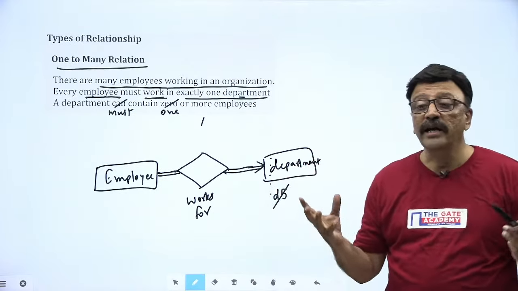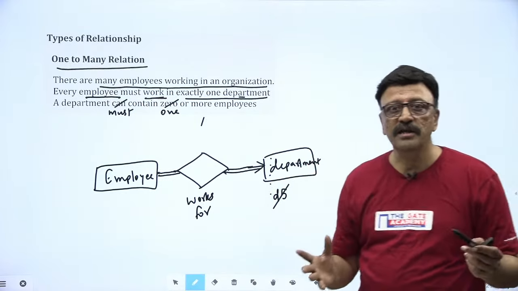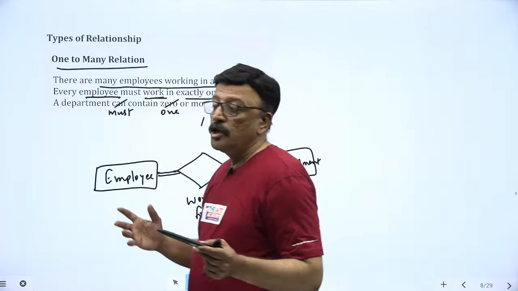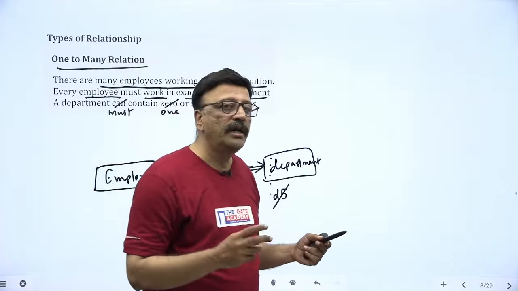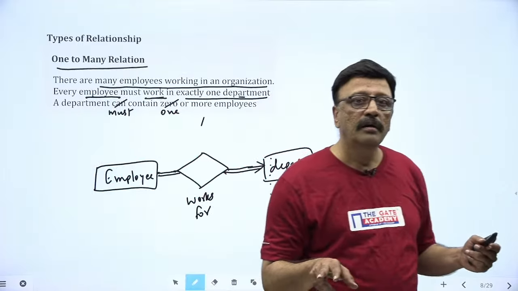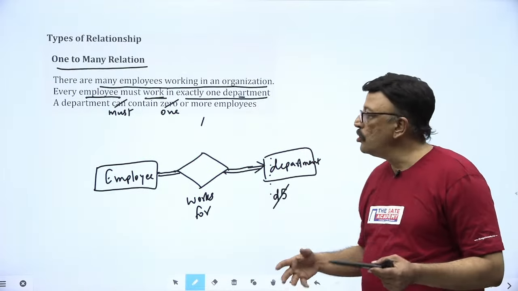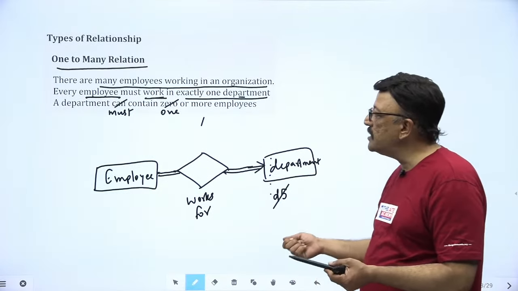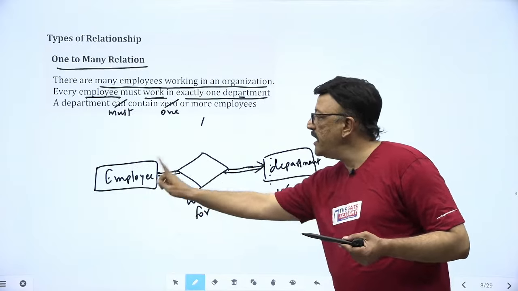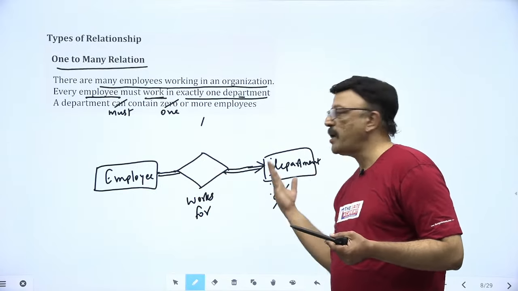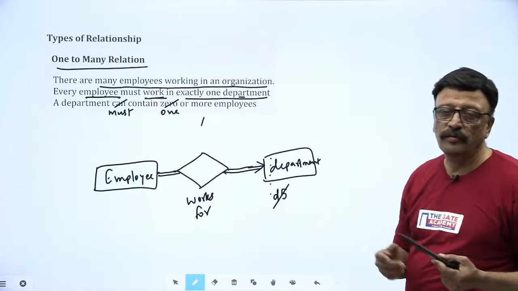Then you have known that entities are related using relationship. You have known types of relation, one to many, many to many, one to one. And then you have also known that what is the participation of that in that relation. The entity participates fully or partially. You have known that also.